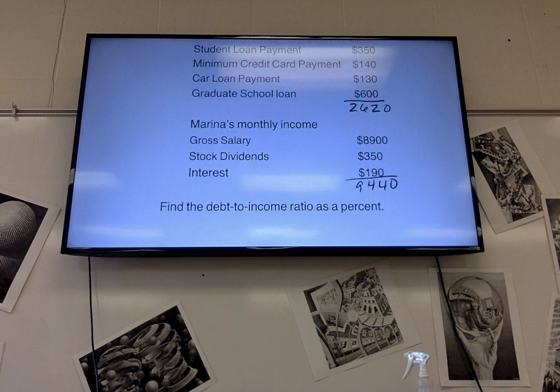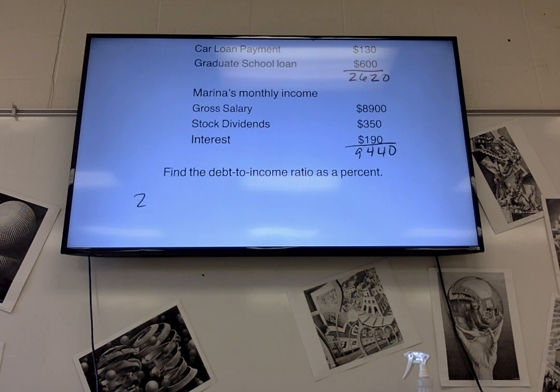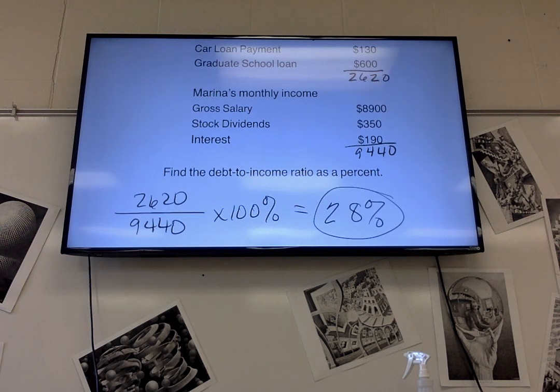So debt to income ratio, you start with debt, so it's 2,620. You divide it by the income, and then you times it by 100 so that it will be a percent. And you get 28%, which is bad. Anything over 20% is bad. Less than 15 is good. So I guess in between there is meh.